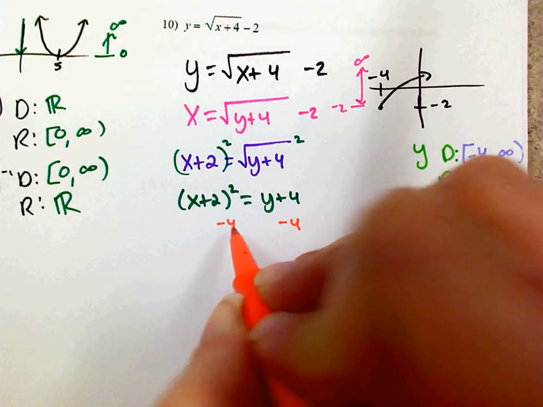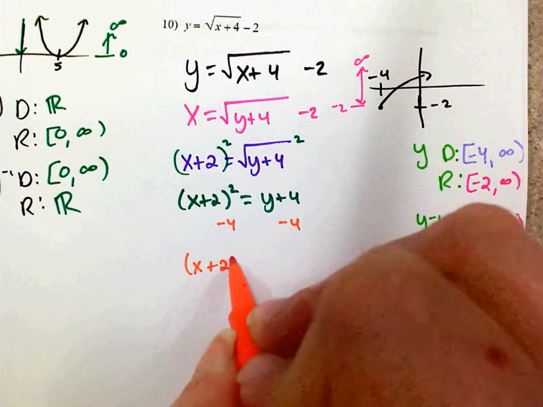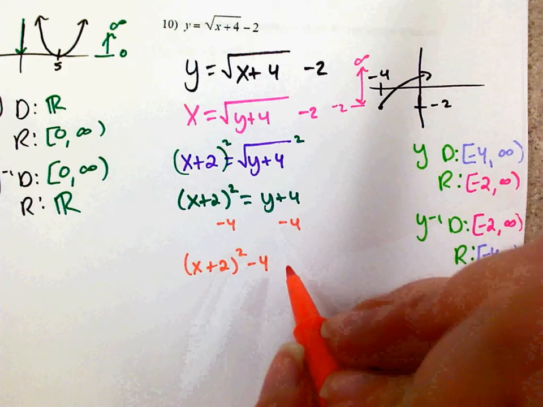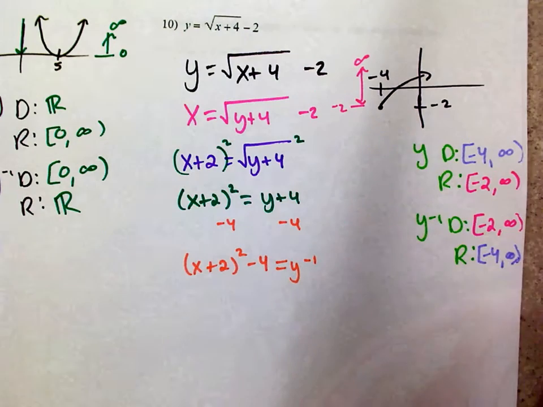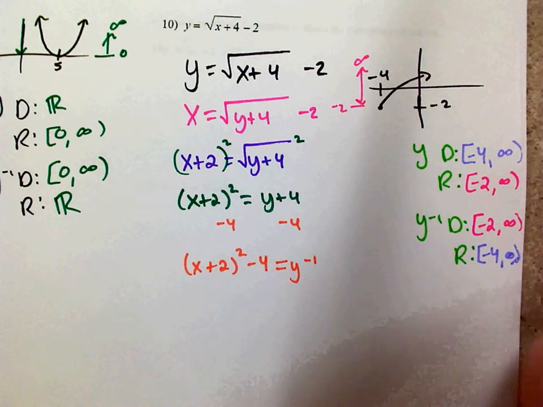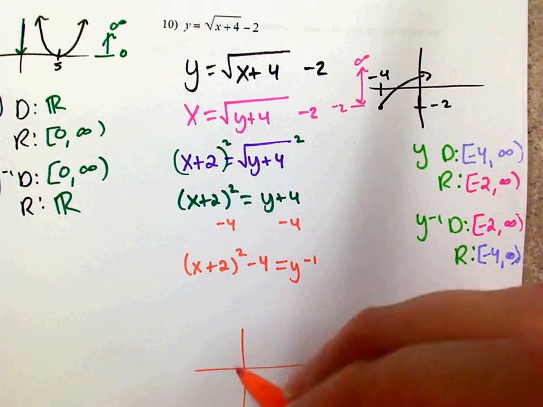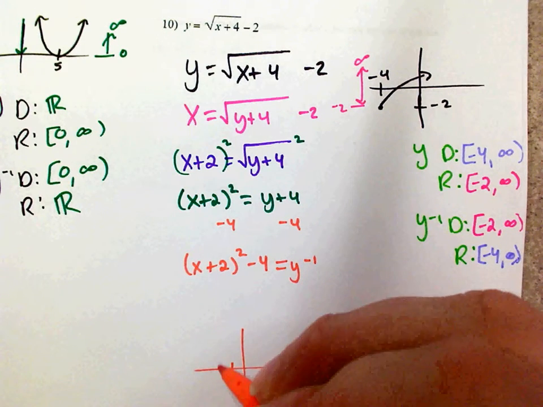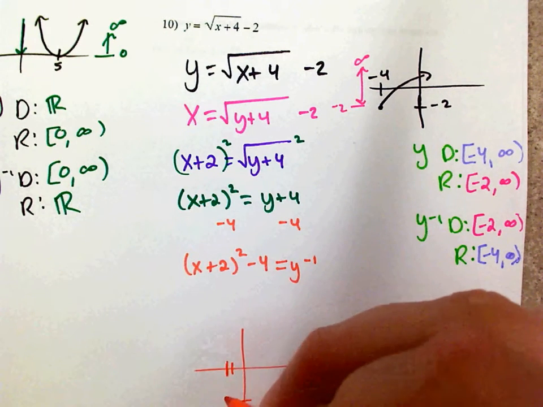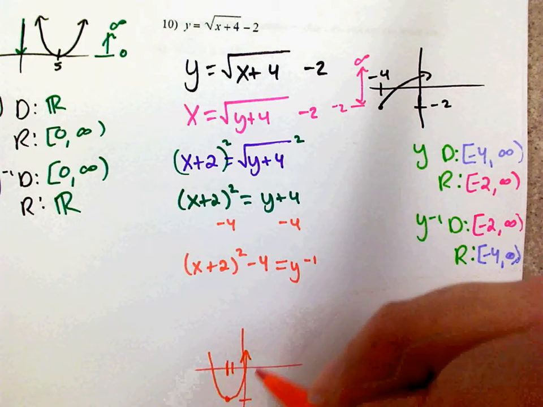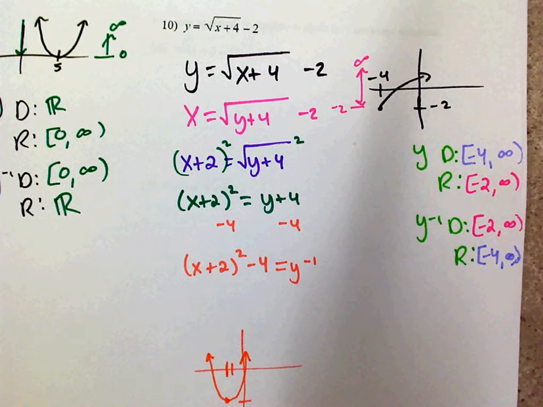Now, if you stopped here and said y inverse, you would not be completely correct. Because if you graph that parabola right now, what's left 2 down 4? So it would look something like this. But it doesn't make sense for the reflection of only half of a sideways parabola to be a full upright parabola.